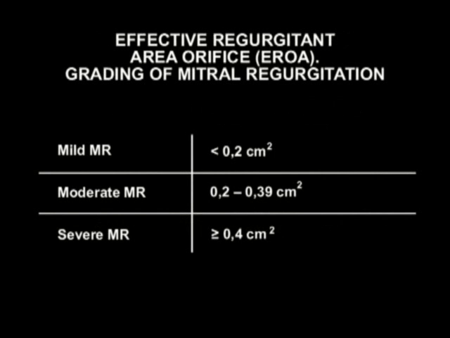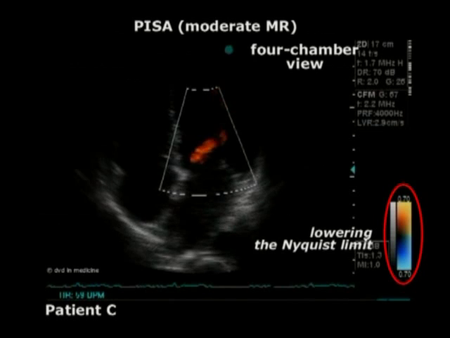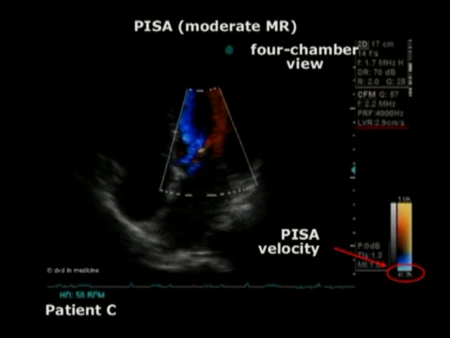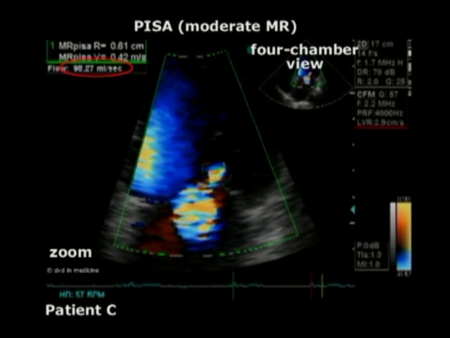The grading of mitral regurgitation according to effective regurgitant orifice area. Patient C with moderate MR. PISA radius is 0.61 centimeters and the regurgitant flow rate around 98 milliliters per second.